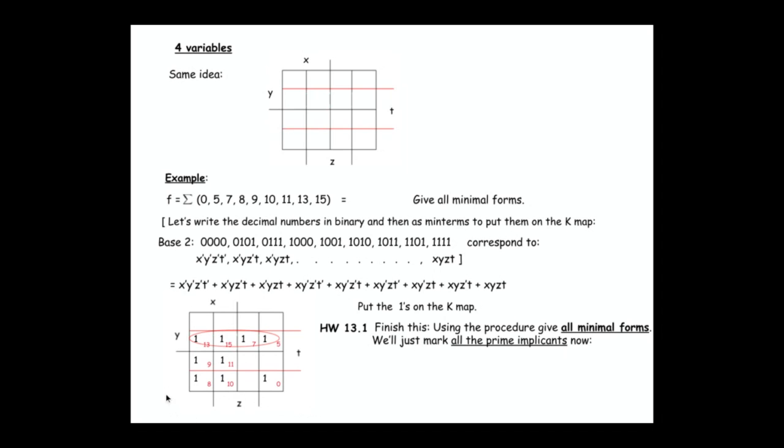So 0 and 8 would be a little implicant, but how about a bigger one? We're looking for prime implicants, the biggest possible. So this implicant 13, 15, 7, 5, I don't think you could stretch it bigger than that. Are there any other ones?